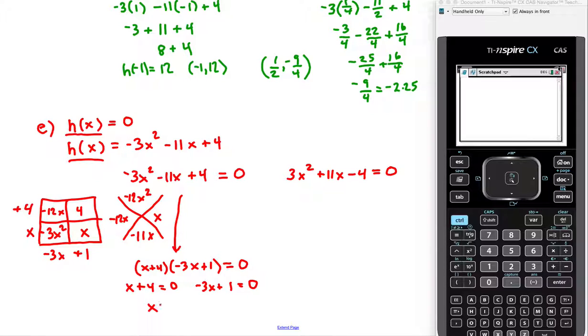When we solve those, we'll get x equals negative 4. And this one, we'll subtract our 1 and divide by negative 3. We'll get x equals 1/3. So those would be our two answers. We would have the point negative 4, 0, and the point 1/3, 0.